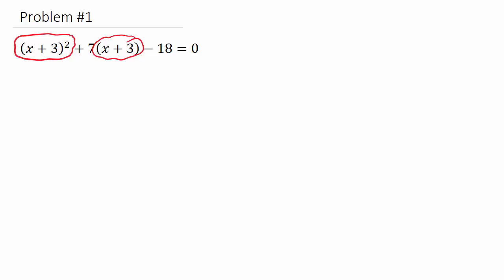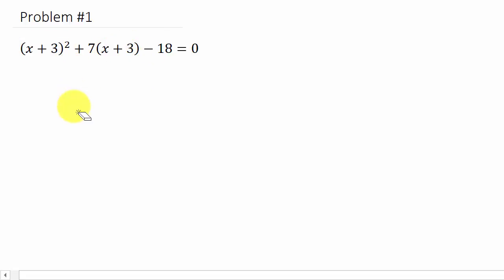So what we want to do here is solve this using u substitution. I'm going to let u equal this middle term, x plus 3. And now I'm going to square both sides here.